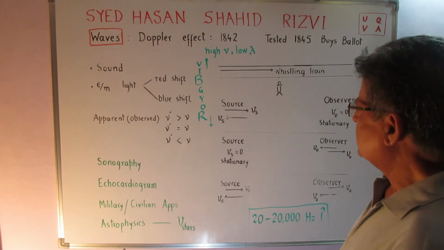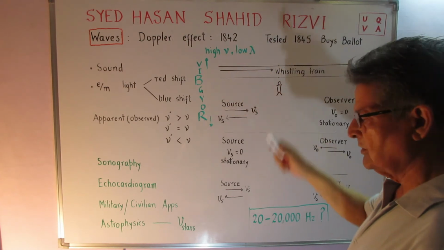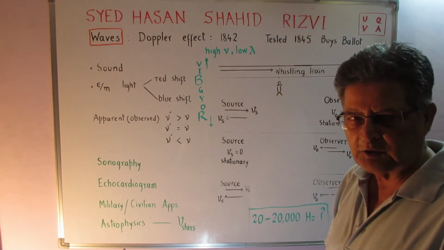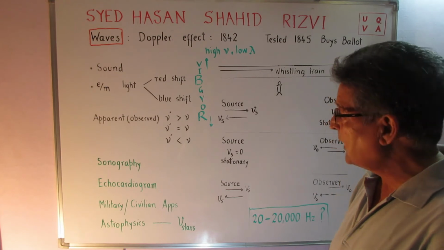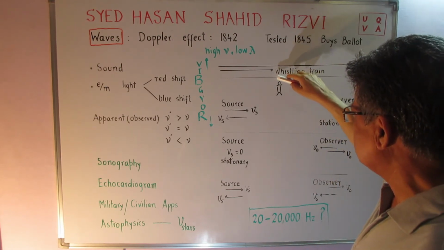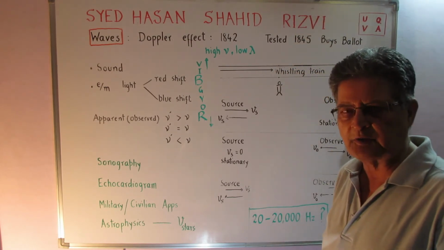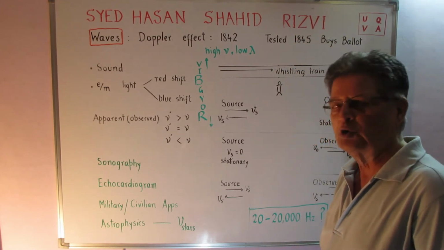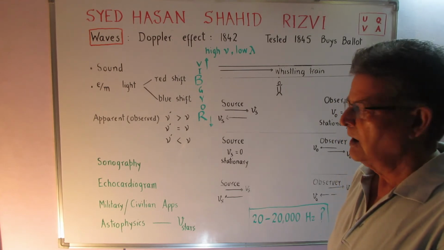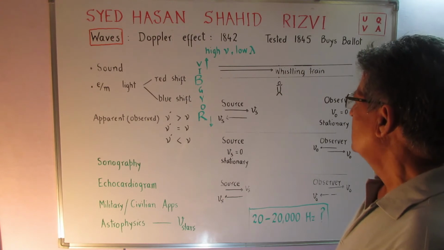What is observed is that when the train is approaching the observer, the frequency is different. As soon as the whistling object, normally with the engine, passes and starts moving away, the frequency drops. So this is what was observed.